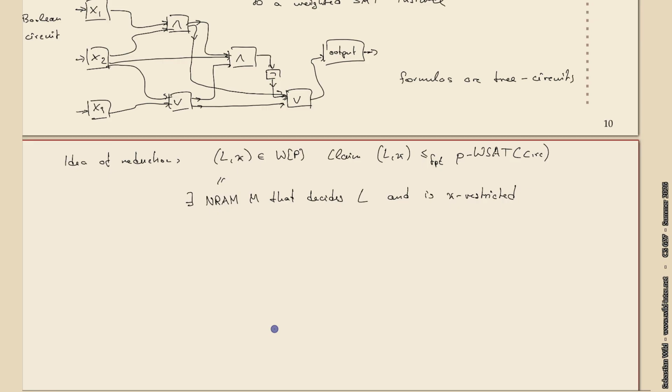Then we simulate this NRAM with a multi-tape Turing machine to get closer to a formula.